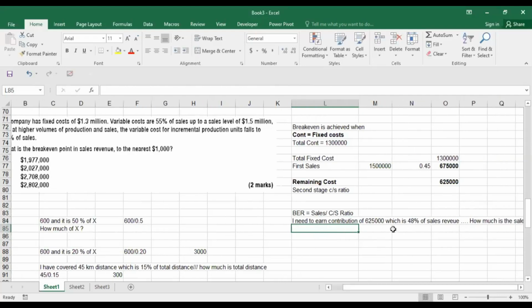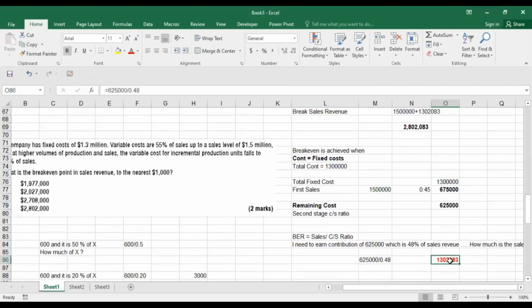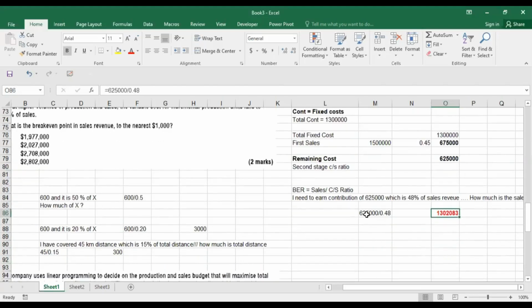So what do you do then? The same way you would say 625,000 divided by 0.48. So this is the sales revenue, 1.3 million: 1,302,083. This is the value of sales you should make in order to make a 625,000 contribution at 48%.